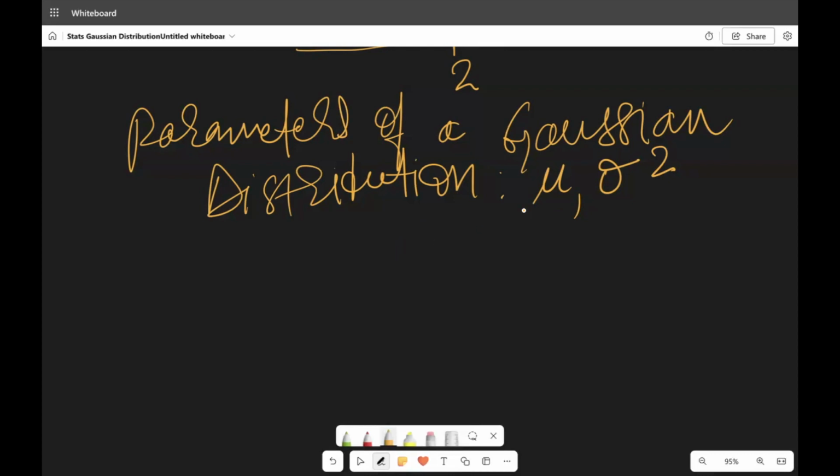Now let me introduce you to some notations. Let's assume x is a random variable. I say that x follows a Gaussian distribution with mu and sigma square. So a Gaussian or normal distribution with mean mu and variance sigma squared. How to read it? This is my x. This is called follows.